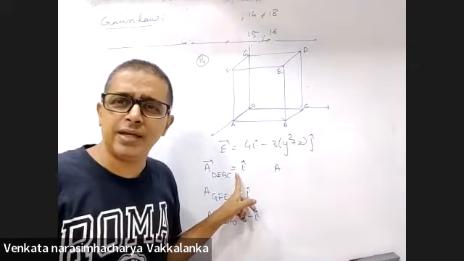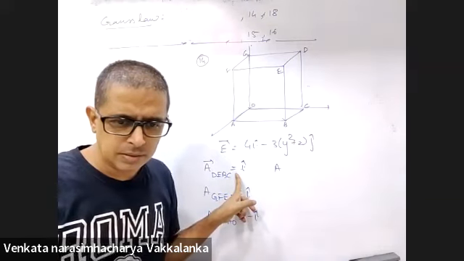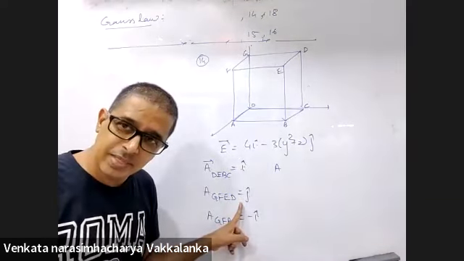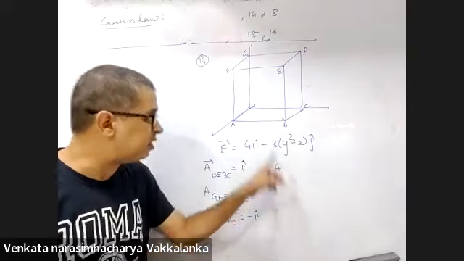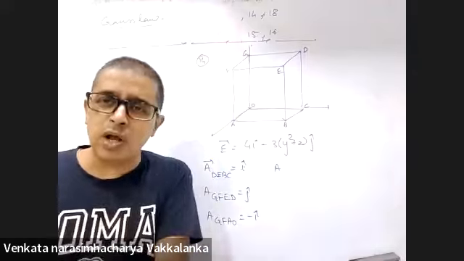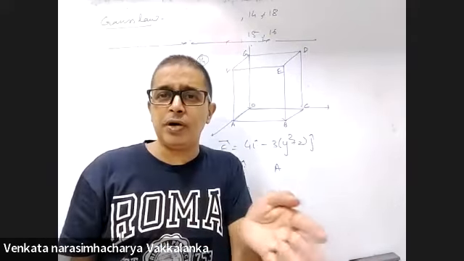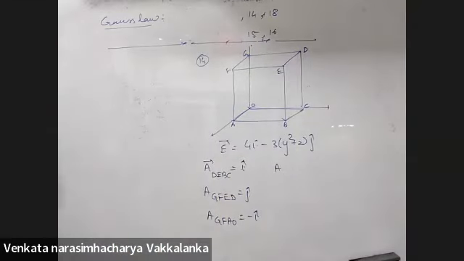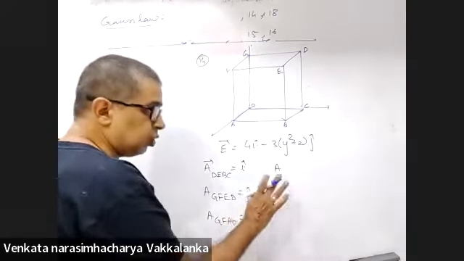E dot A यहाँ पे. Similarly for the other faces, E dot A आएगा कि नहीं? Add up all. Some will be negative, some will be positive. Will I get the total flux? Now you know how to do it.